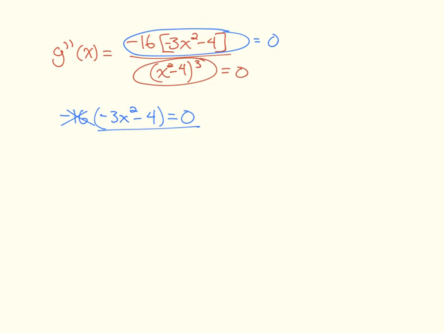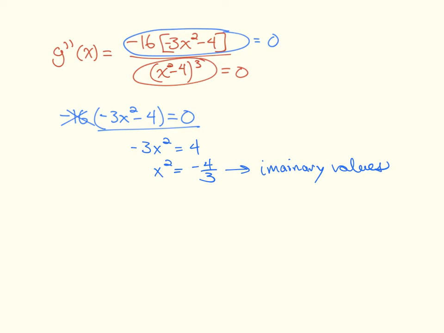And when you do that, you can add 4 to both sides to see that negative 3x squared equals positive 4. And then you can divide by negative 3 to see that x squared equals negative 4 over 3. And when you try to take the square root of this number, negative 4 over 3, this gives imaginary values. And we cannot have imaginary values because we're trying to put these numbers on a number line to find the intervals of concavity.